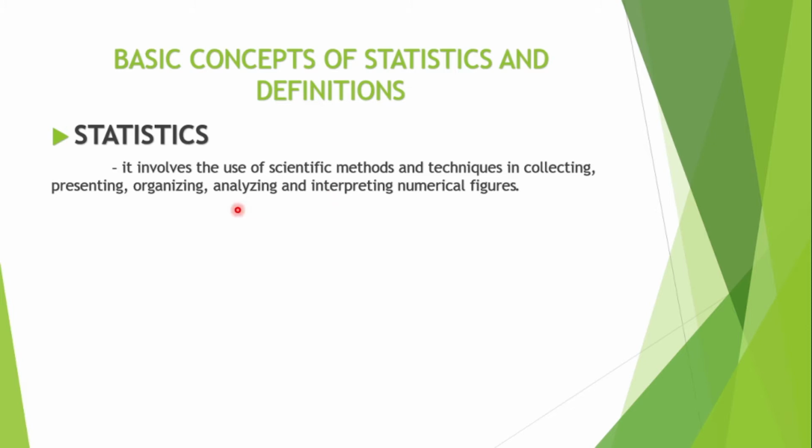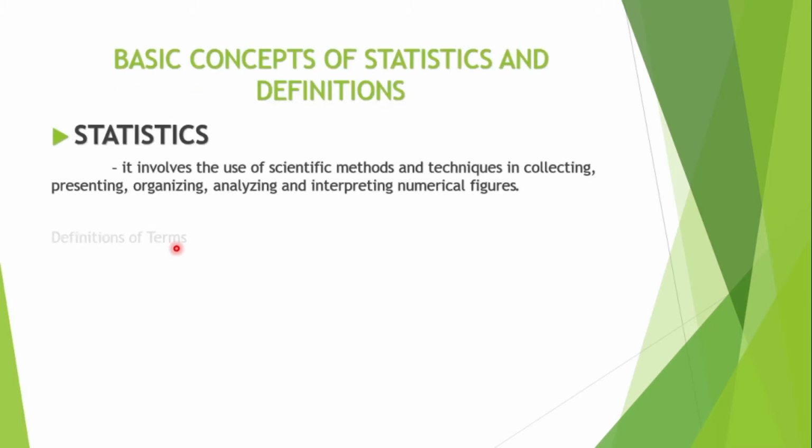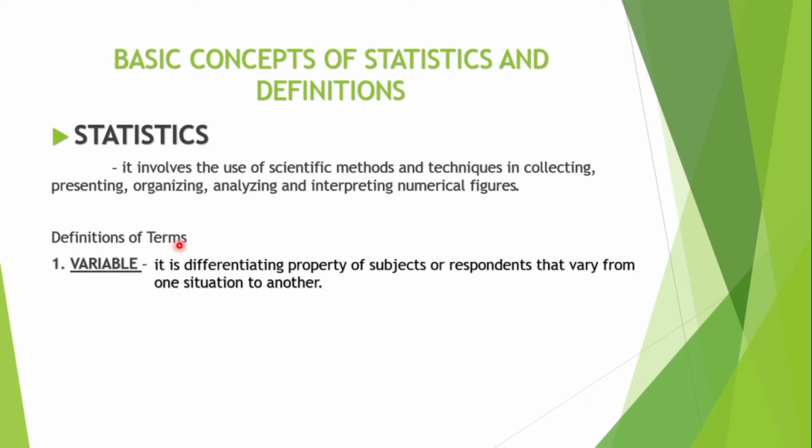Okay. So let us have some of the basic concepts and definitions or terms before we study statistics. Kailangan natin alamin muna yung mga terms na yun. So first is the variable. What do we mean by a variable?